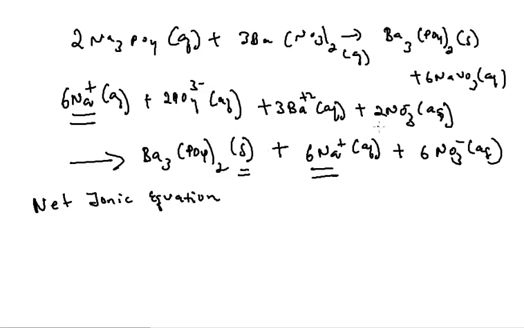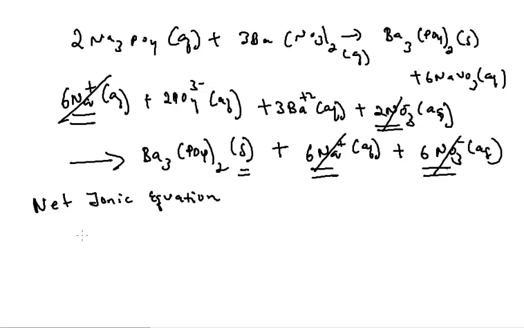We have nitrate ion on the reactant side and nitrate ions on the product side without any changes. So we're going to remove them. The nitrates will be removed from the product side and the reactant side. Also, sodium from the reactant side will be removed by sodium from the product side.